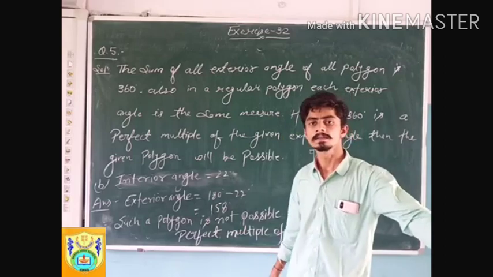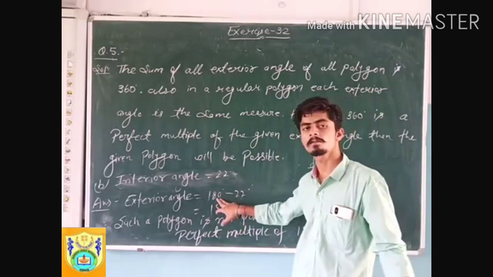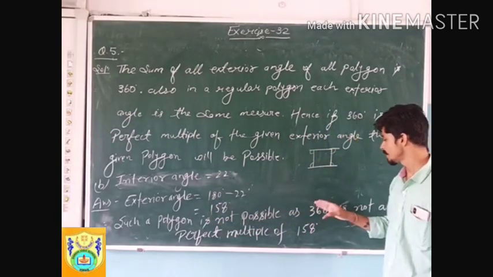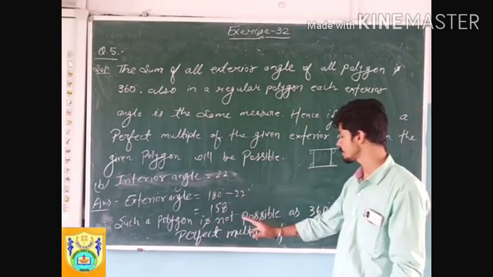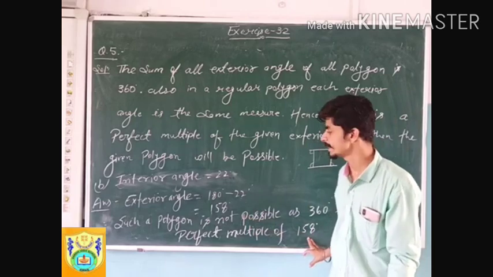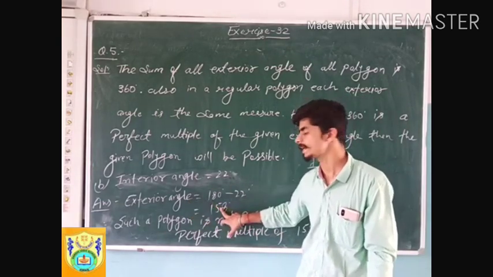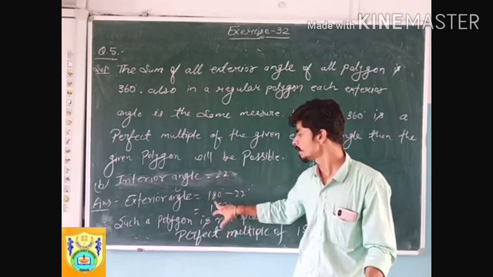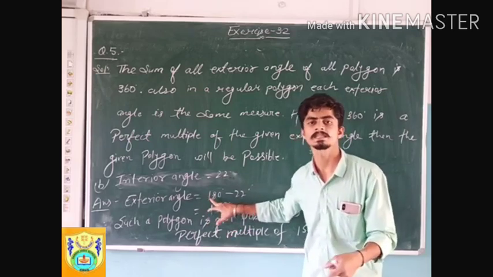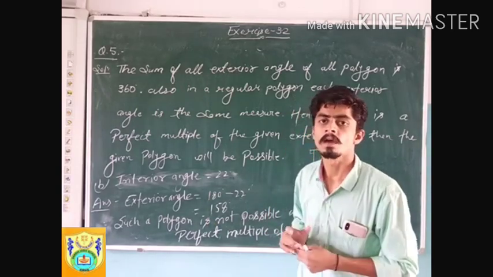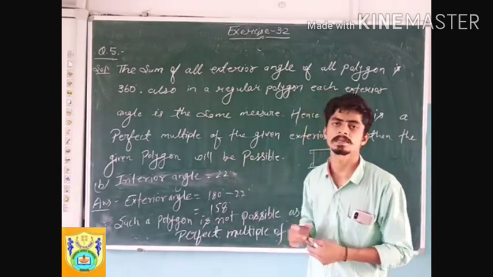That's why it is subtracted from 180. So such a polygon is not possible, as 360 is not a perfect multiple of 158. That means 158 is the exterior angle and 158 cannot divide 360 perfectly. That's why it is not possible to have a regular polygon having an interior angle of 22 degrees.